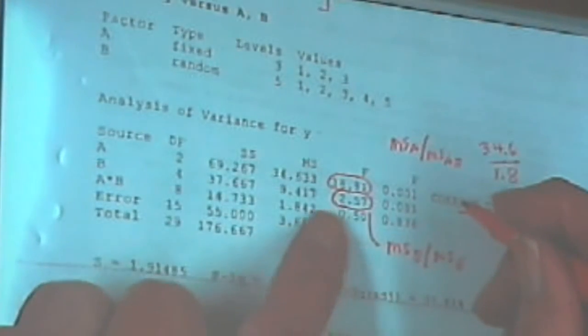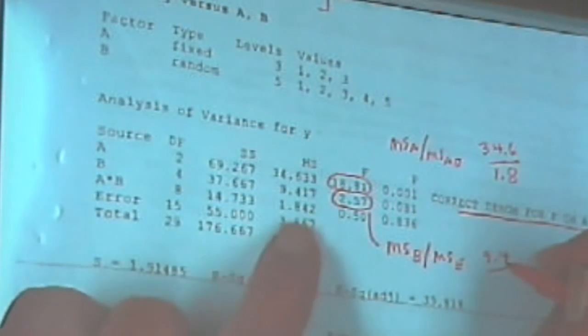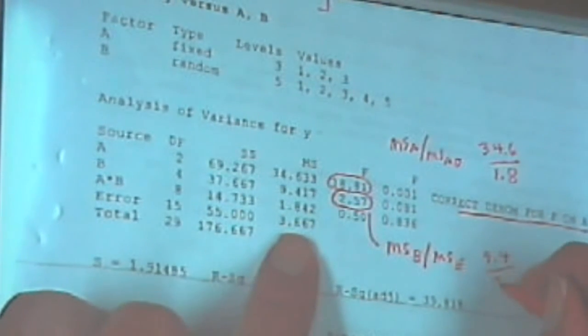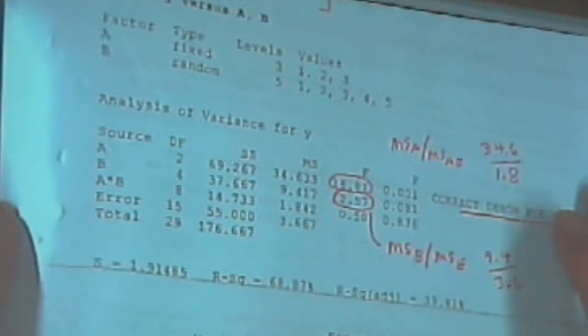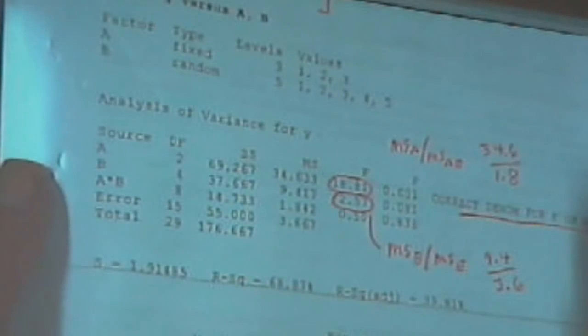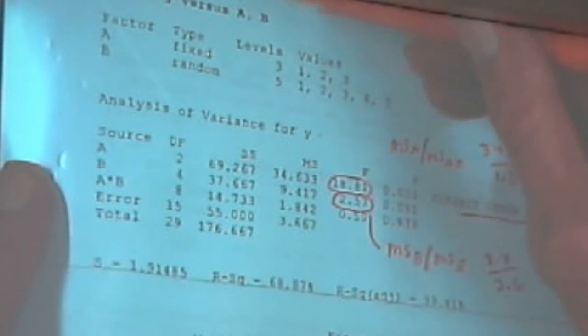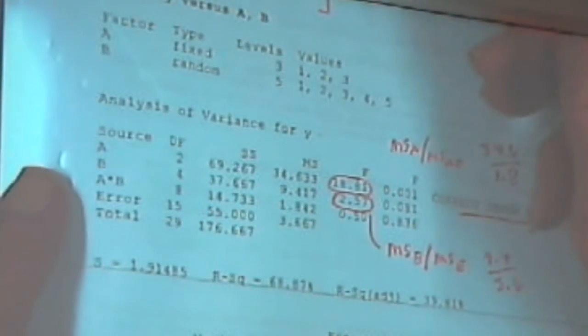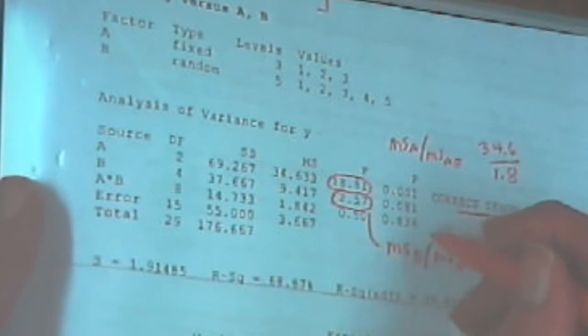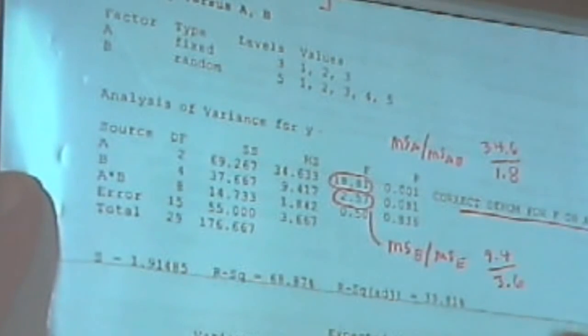So that would be 9.4 divided by 3.6, which comes out to about 2 point something, so that's in the right ballpark. So anyway, my instructions to the program up here initially say that there's our model, B is random, and then of course A is not because I didn't say random A. So the ANOVA table has to calculate the correct F ratios, and it does. So check that out a little bit by some handwork to see that you're convinced of that as well.